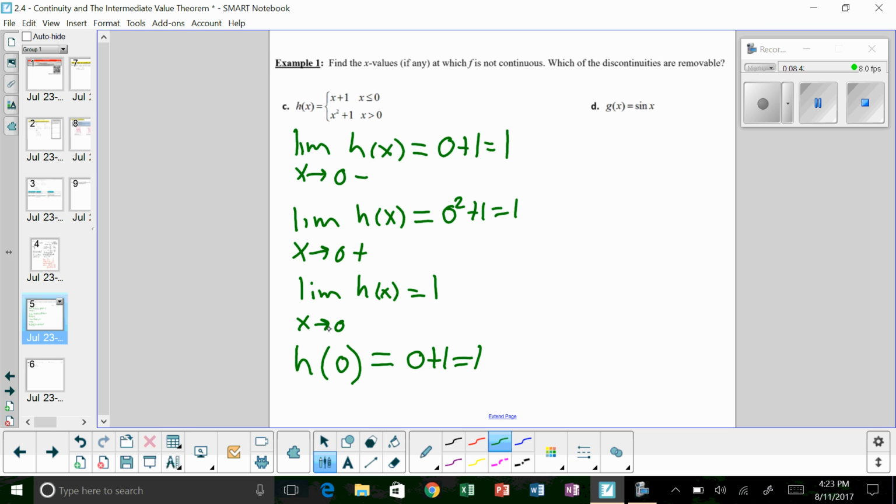So now we conclude that because the limit as x approaches 0 and the value of the function at x equals 0 are the same, h is continuous at x equals 0. So h has no discontinuities. h is continuous everywhere.